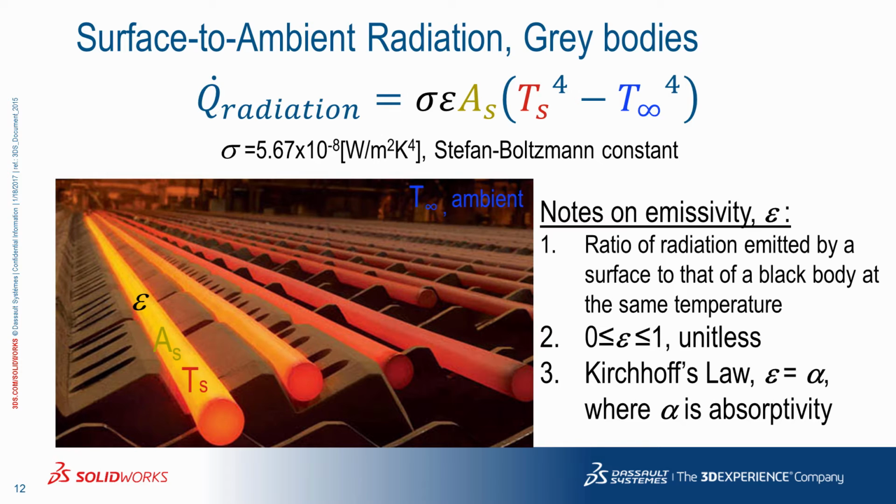Now those exactly don't exist in nature. A black body is a perfect emitter and absorber of radiation. The only thing that we know that closely resembles that is the sun, but that's also not a perfect black body. And by Kirchhoff's law, we know that emissivity is also equal to absorptivity, denoted by alpha.